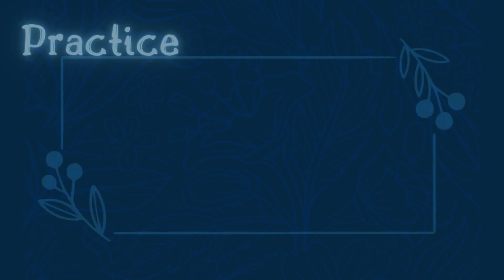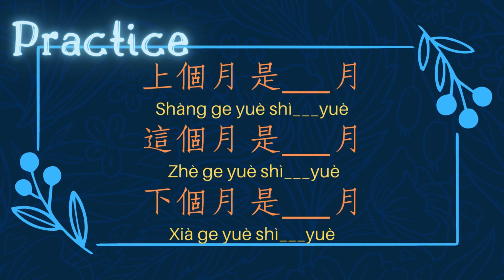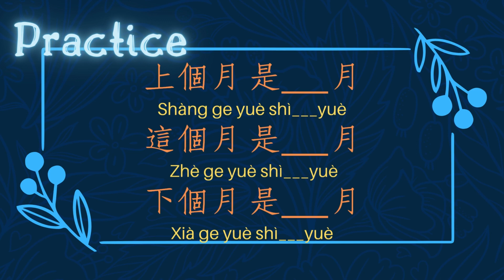Next practice. 上个月是__月. 上个月, last month. So which month is last month? Also, 这个月是__月, and 下个月, next month, 是__月. So what is last month, this month, and next month? Please answer that.